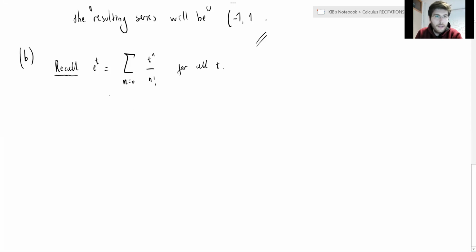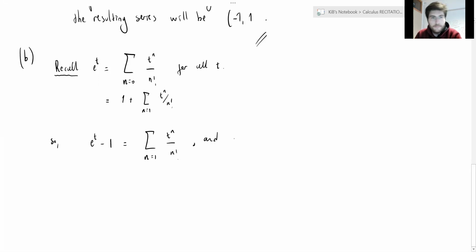Let's try to manipulate it. Notice that the first term is 1, and the next part is t to the n divided by n factorial. With this observation, e to the t minus 1 is just the sum from n equals 1 of t to the n divided by n factorial.